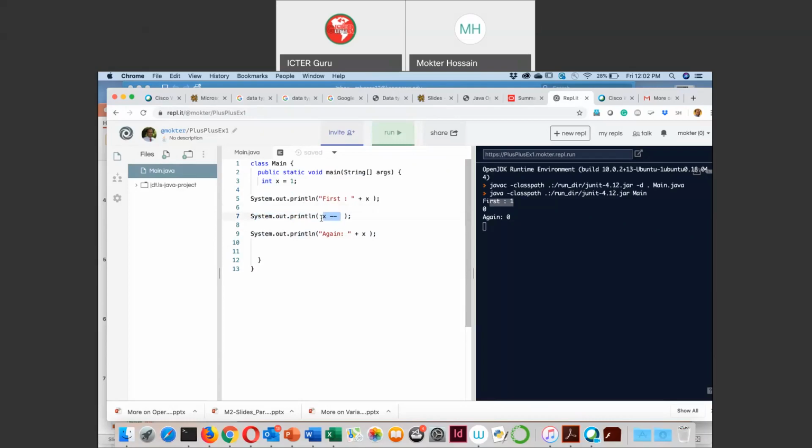What is my x old value? 1. So it will print 1, and after that it will decrease x by 1. So then x will be 0, and again here it will print 0. By the way, this plus sign is not the plus operator here. We are using it to concatenate a string with a number. Just to show you the difference between these outputs, I'm writing this. Let us run this.